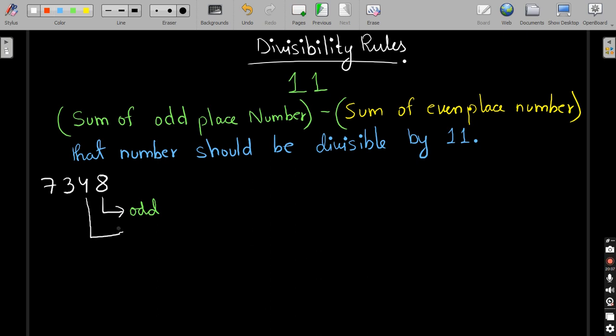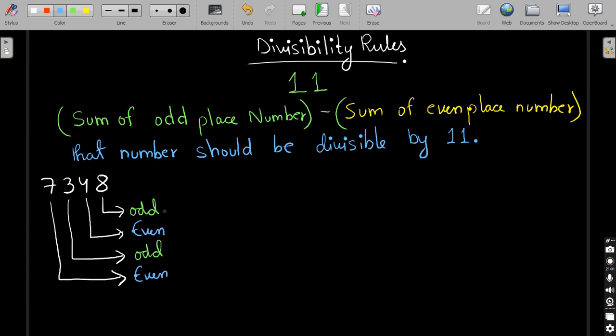First number odd place, second is even, then odd, again here it will be even. Now let us check whether we are getting it correct or not. So first is odd, second I am giving as even place value, next again it will be odd position, and next again it is going to be my even position.